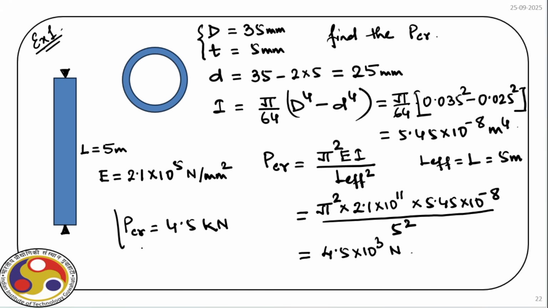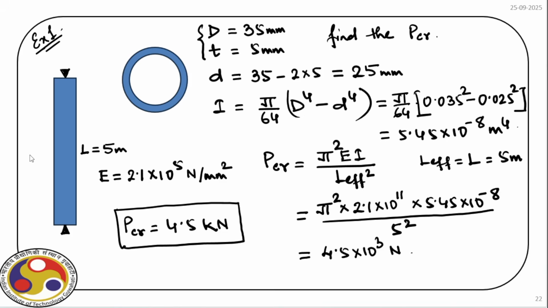So you can see how from the dimension we can estimate the critical load for the column. Okay, so let us take a second problem. Problem 2 is the same one.